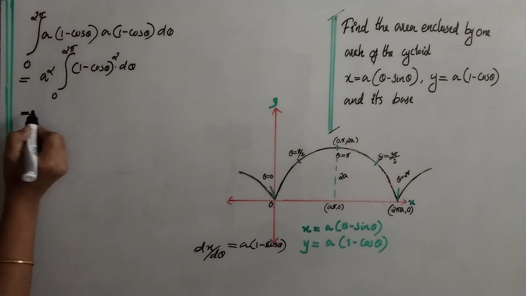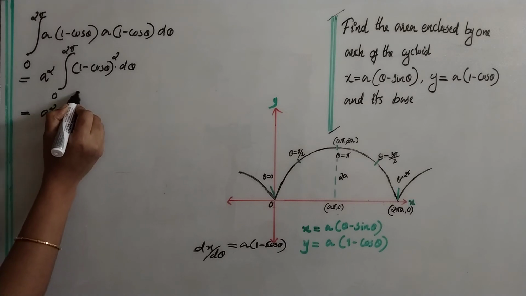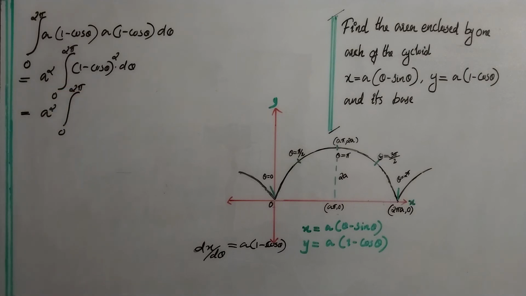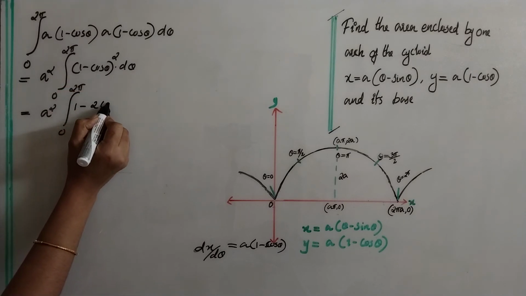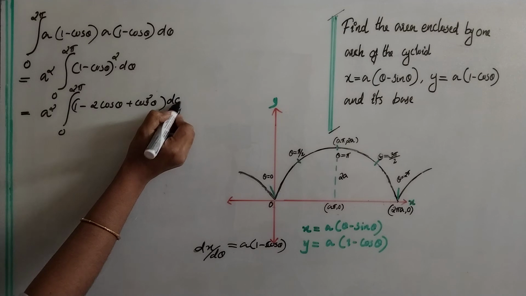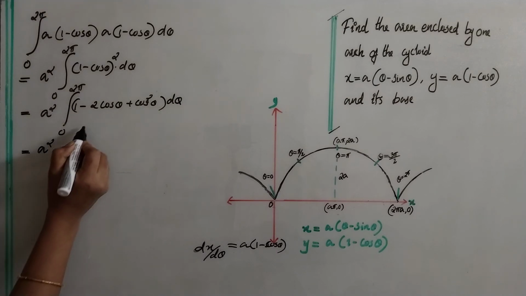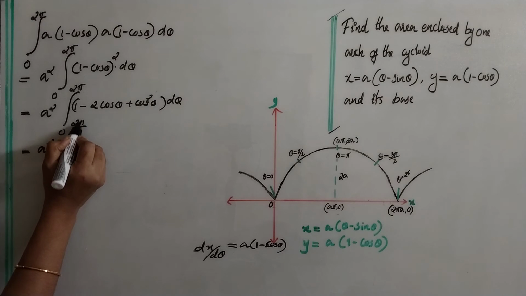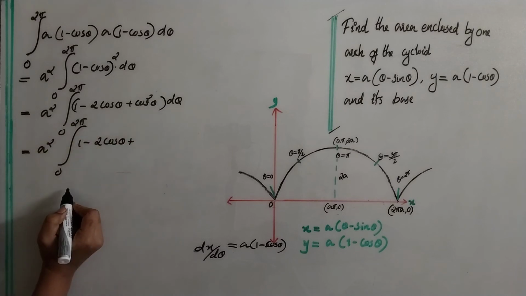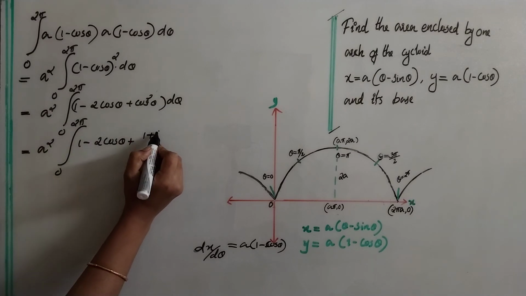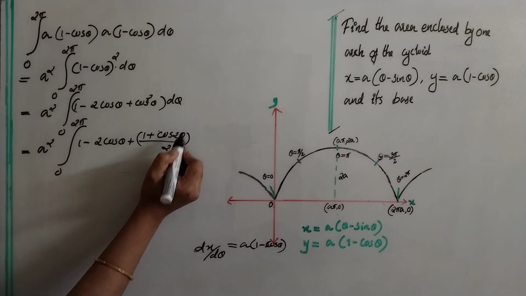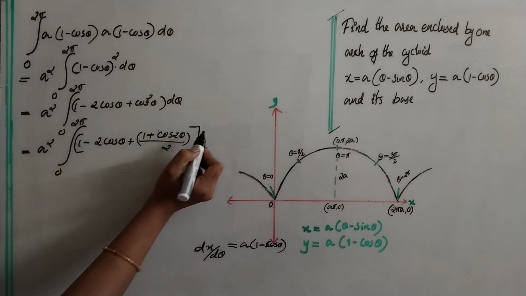This is equal to a square into integral theta equal to 0 to 2 pi of a minus b the whole square form, that is 1 minus 2 cos theta plus cos square theta into d theta, which is equal to a square into integral 0 to 2 pi of 1 minus 2 cos theta plus cos square theta, where we can write cos square theta as 1 plus cos 2 theta by 2.